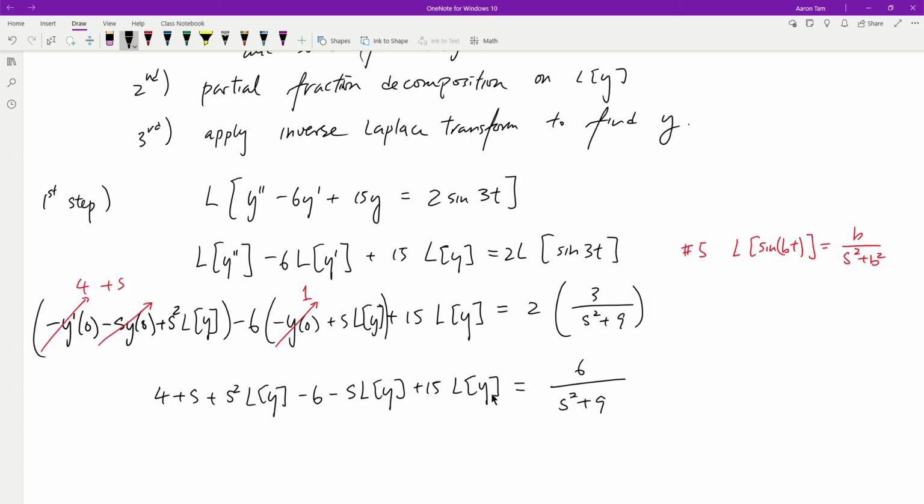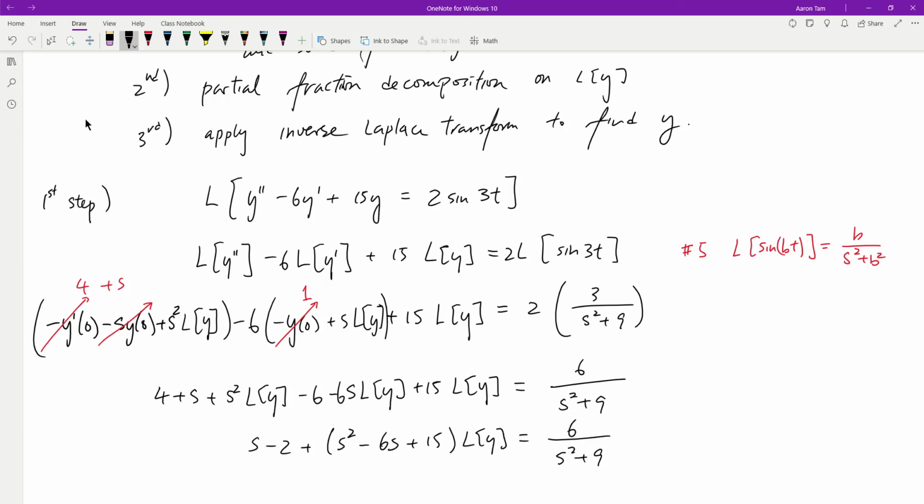So it seemed to me that I would have s minus 2 plus, and we'll collect the Laplace transform of y together, s squared minus s, 6s, I'm sorry, missing the 6, 6s plus 15 Laplace transform of y equal to 6 over s squared plus 9.